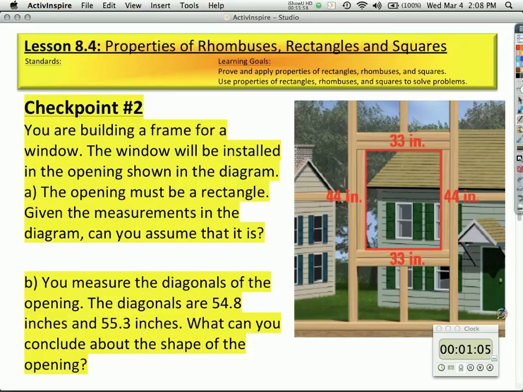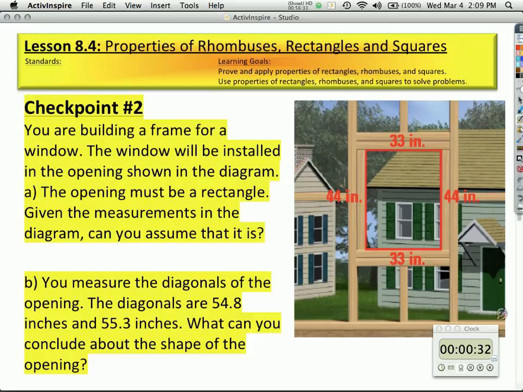I'm on number one. Given the measurements in the diagram, given what's in the diagram, you assume that it's a rectangle. And then in part B, I add some additional information, but beyond that, you can't assume anything. You can say that quadrilateral is parallel.